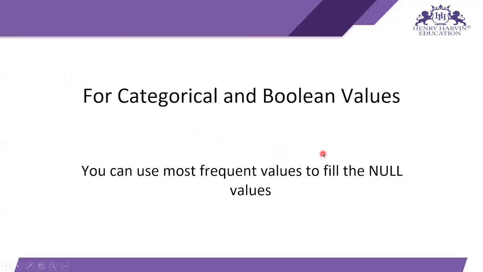Let's say you have categorical or boolean columns, and there you have some null values. What you have to do is find the most frequent value to fill the null values. Let's say there is a column mentioning the home country of a person.